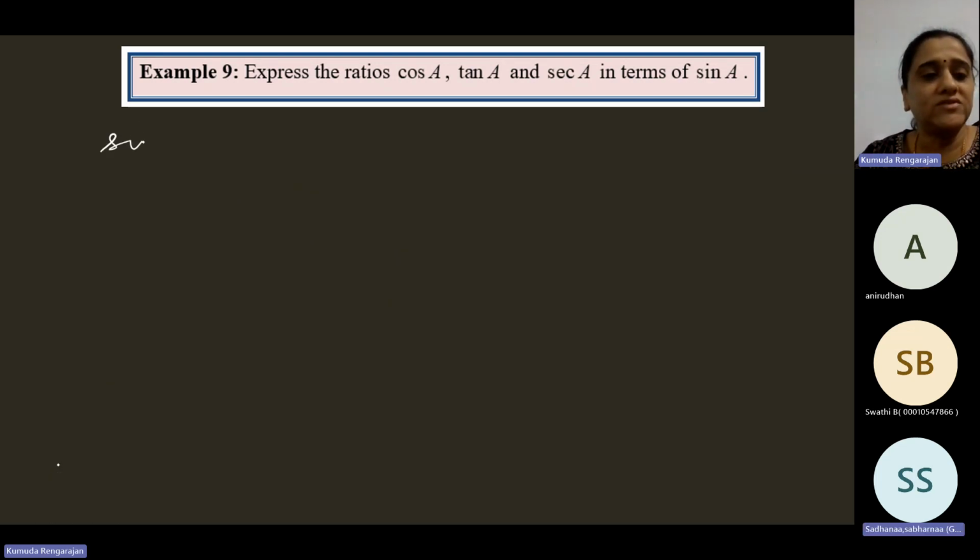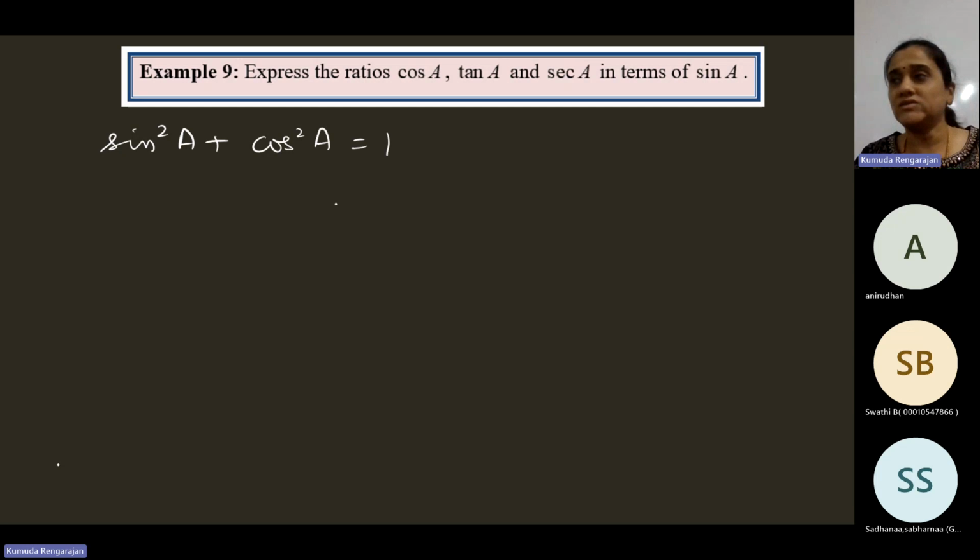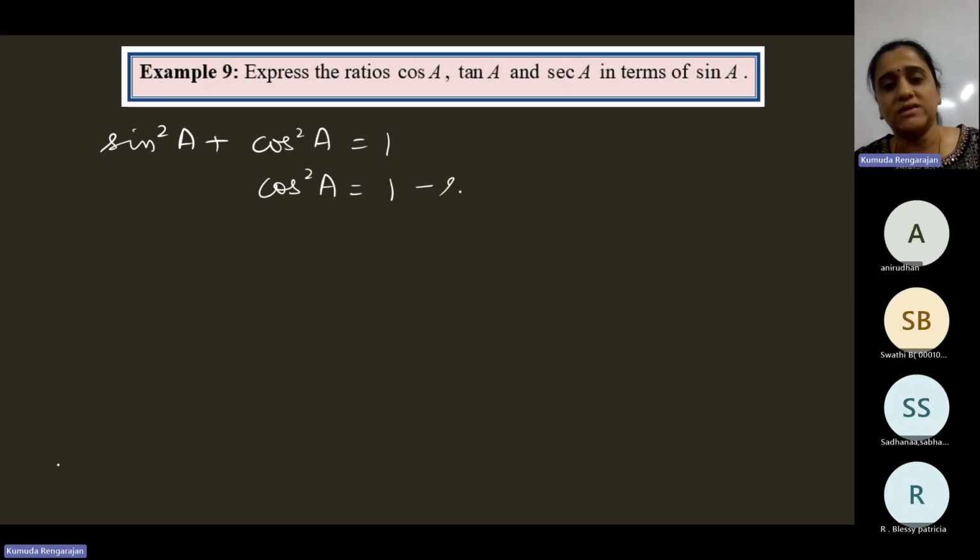So we have sin square A plus cos square A is equal to 1. Why are we writing this identity? Because in this identity, we have cos and sin, and we have to write cos in terms of sin. So we have cos on one side and take all the others to the other side.